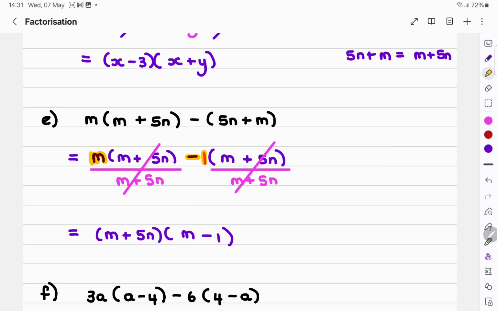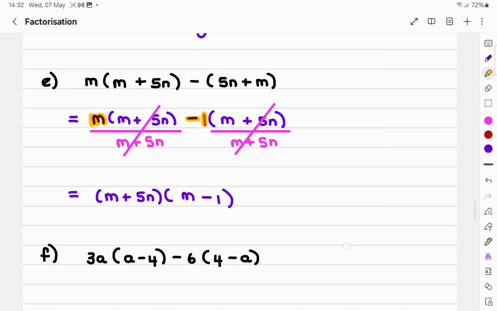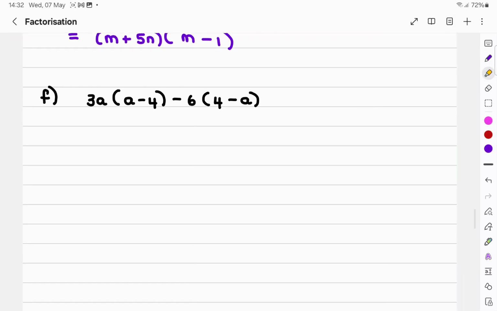All right. Okay, then just the last example with the switcheroo, with the sign change. So I'm going to change the sign, and every single term thereafter, I'm going to change the sign. All right, so 3a, a minus 4, then the negative becomes a positive 6.